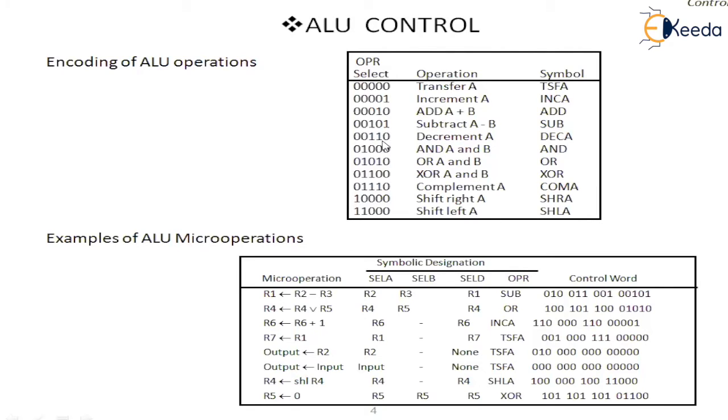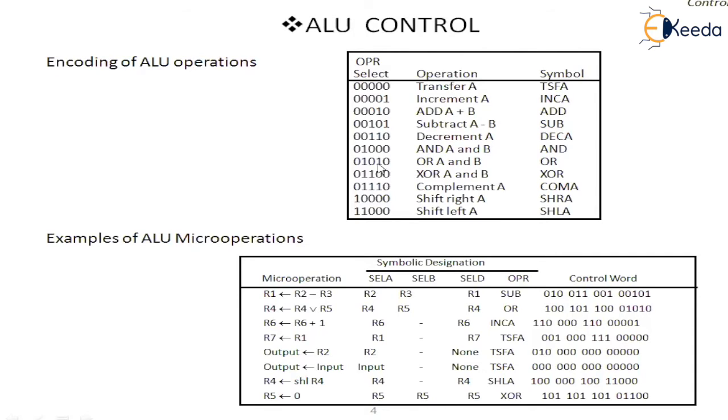If it is 110, decrement will get performed. If it is this input, AND operation between A and B will get performed. You know what is AND operation? AND operation is a bitwise operation in which 1 and 1 will give you the output 1, and any other combination will give you an output 0.